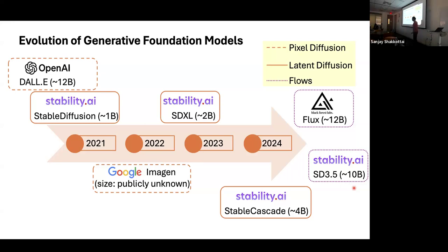In about mid-summer of 2024, the models changed. Beyond what we think of as diffusion models, something called flow models became popular and became the state of the art for image generation. These are Flux or Stability's SD 3.5. We'll talk about the relation between diffusion and flow models in about 20 or 30 minutes. Now at least the size of these models gives you some grounding.